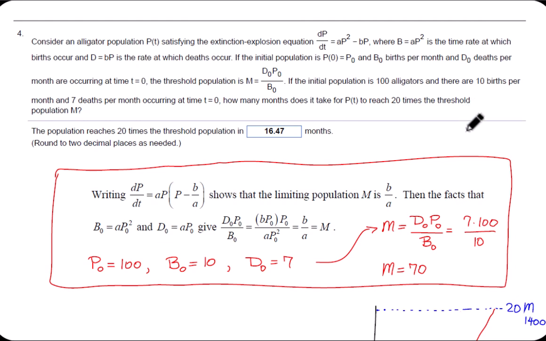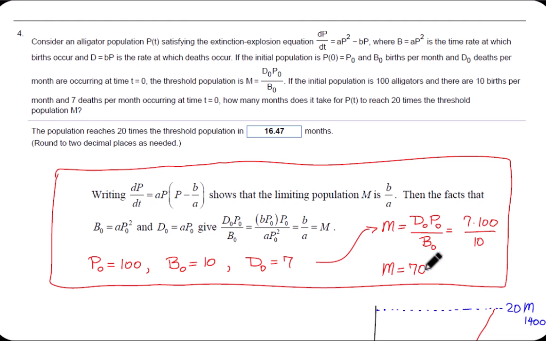All right, well, let's see. What is the limiting population? So again, this is how you get what the limiting population is. Plug in the numbers that we have for death, birth, and initial population of 100 alligators, and the threshold is 70.